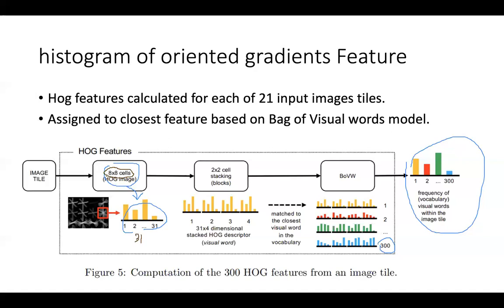But if you just look at one cell, the gradient may be concentrated. I think they do a sliding window to normalize the histograms over these 4 grids, and then it becomes 31 times 4. So it's some kind of normalization, I think.